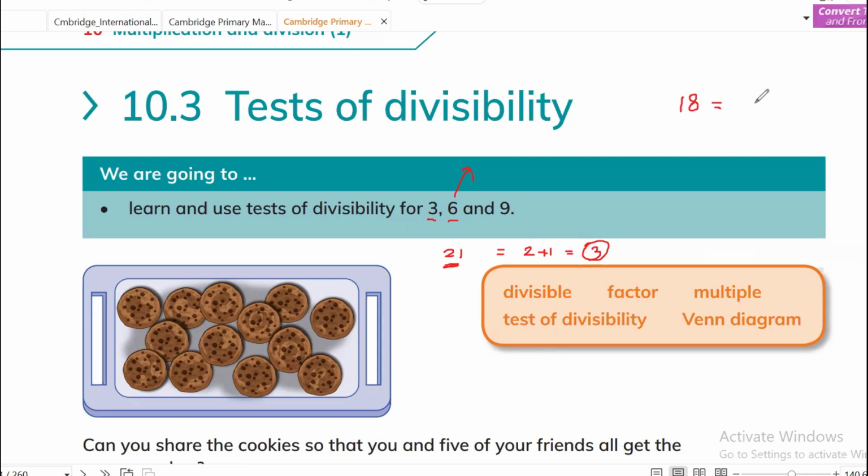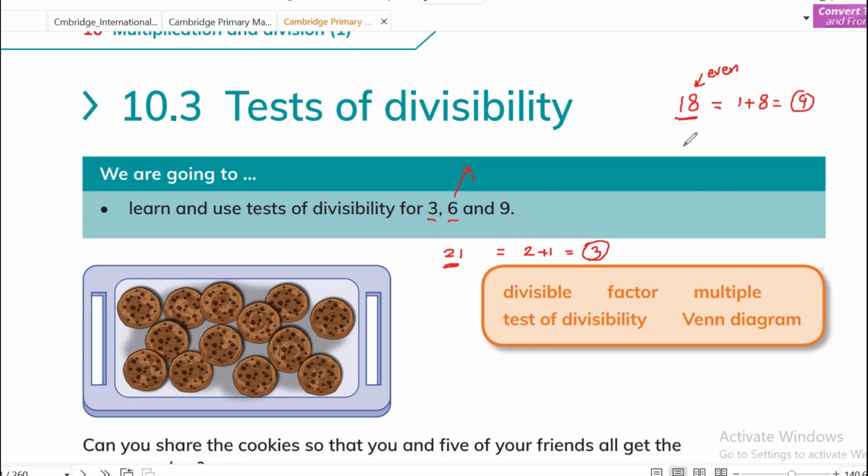If we check 18, the sum of the digits 1 plus 8 gives us 9, and 9 is divisible by 3, and as well it ends with an even number. 8 is an even number, yes? So that means it is divisible by 2 also.